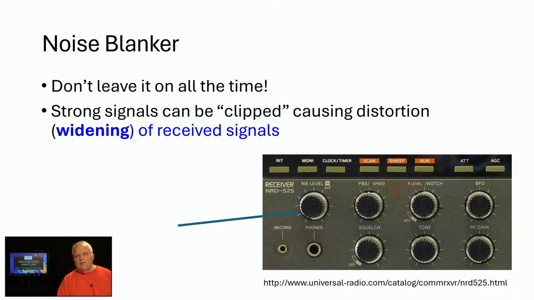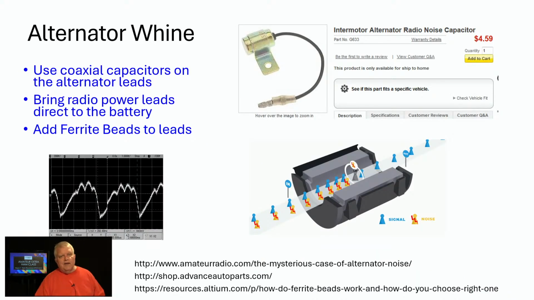Also in the car, dealing with alternator whine, we always say you can use coaxial capacitors on the alternator leads. Bring your radio power leads directly to the battery. And ferrites. Ferrites are your friend. You can add ferrite beads to the power leads coming to and from the alternator, which can help reduce alternator whine.